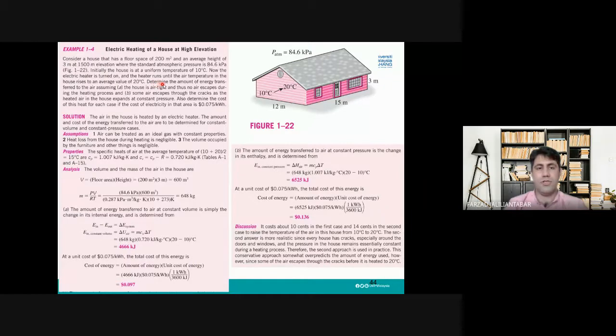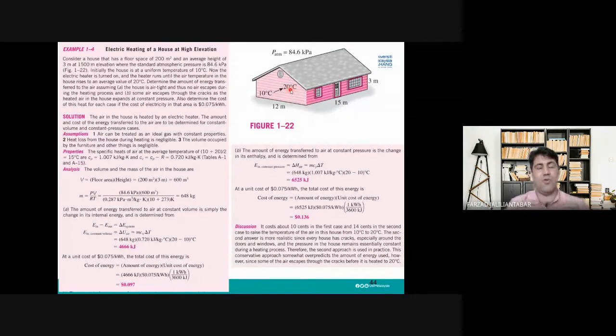Now we are going to determine the amount of energy transferred to the air, assuming A, the house is airtight and thus no air escapes during the heating process. It means we don't have any leakage from the windows, from the doors, or any part of that.